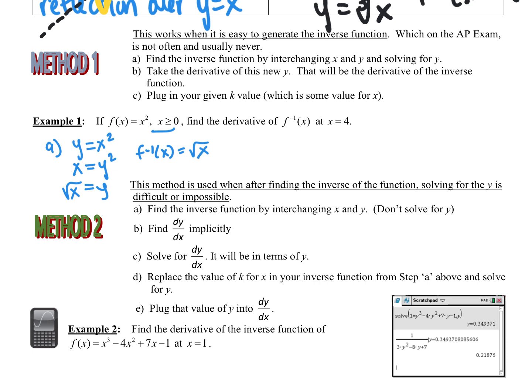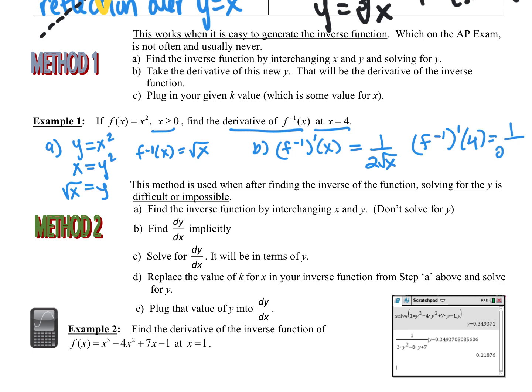And then if we want the derivative of f inverse at x equals 4, in step B here, we could take the derivative of this guy. So we could take the derivative of f inverse. We already know that's 1 over 2 square root of x. And then they are asking us to find the derivative at x equals 4. So to find f inverse derivative at 4, we would just simply plug in 4.